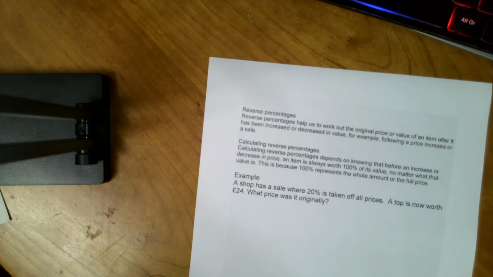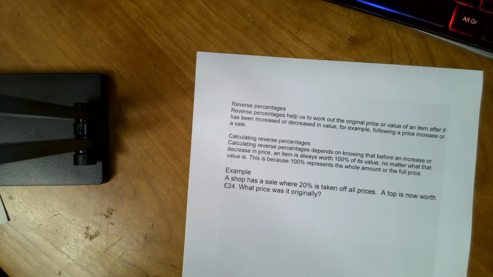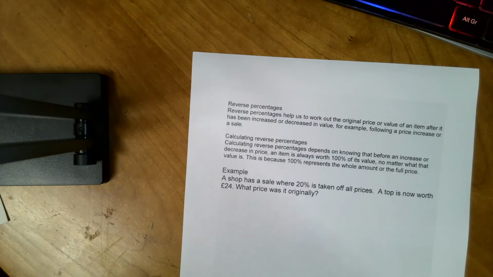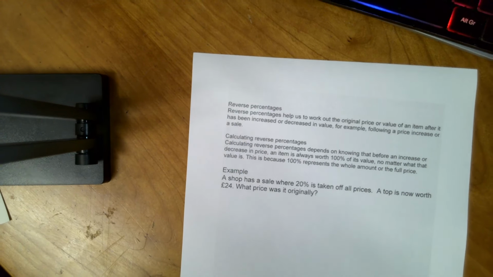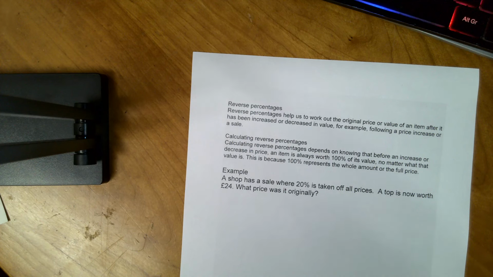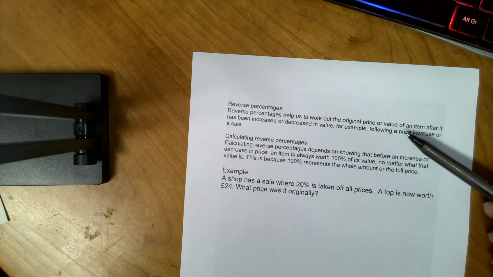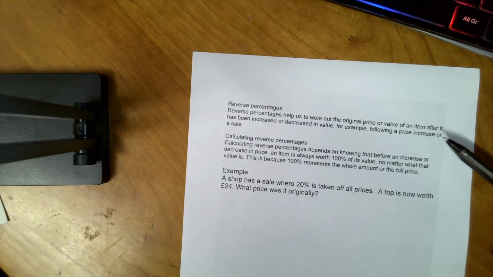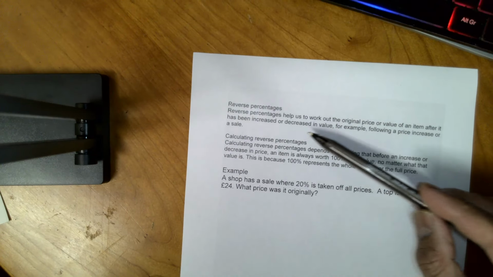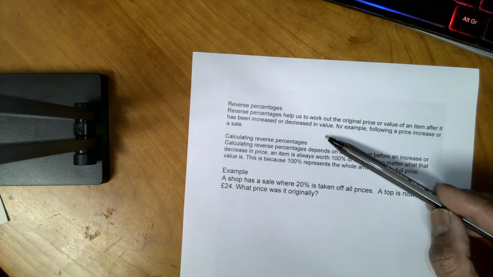Okay, let me just make it clear to you. Right, so let me explain what reverse percentage is. This helps us to work out the original price or value of an item after it has been increased or decreased in value.